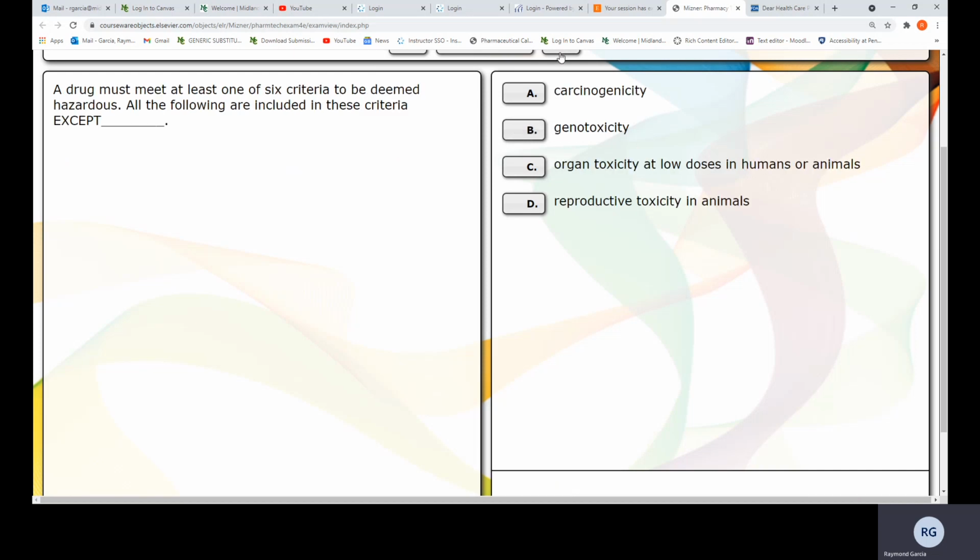A drug must meet at least one of 6 criteria to be deemed hazardous. All of the following are included in these criteria, except which one? Carcinogenicity, genotoxicity, organ toxicity at low doses in humans or animals, reproductive toxicity in animals.